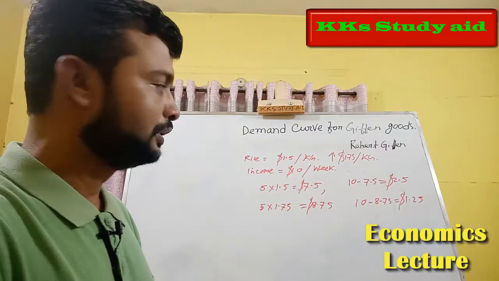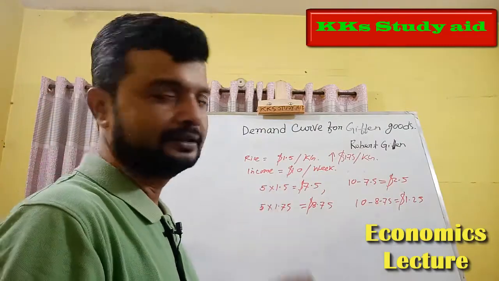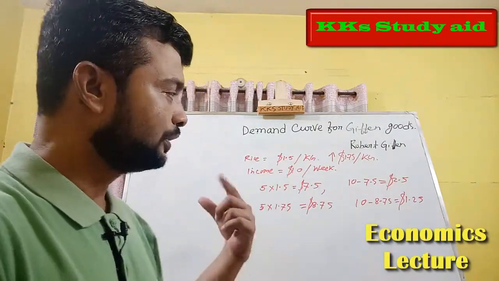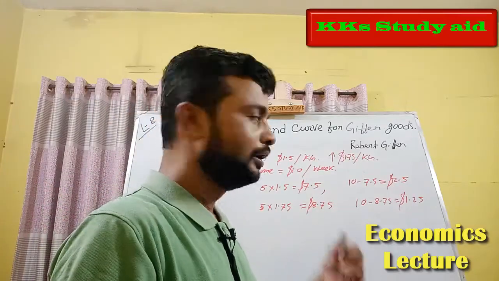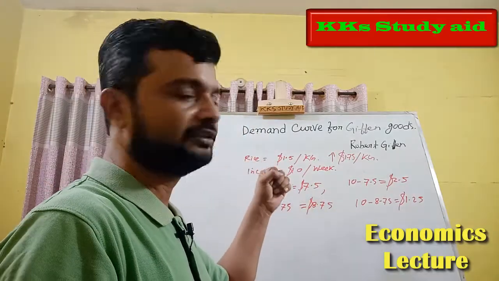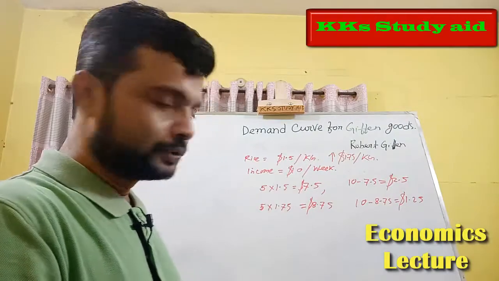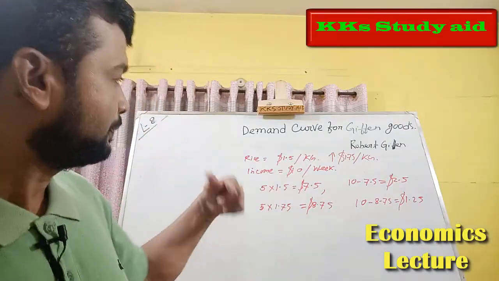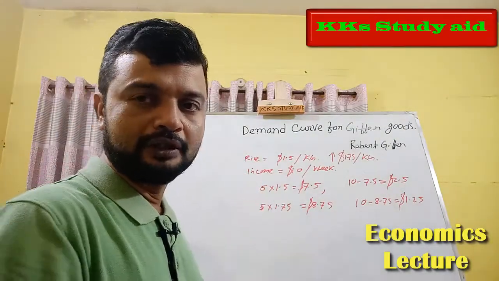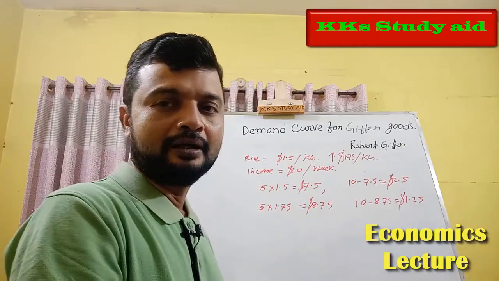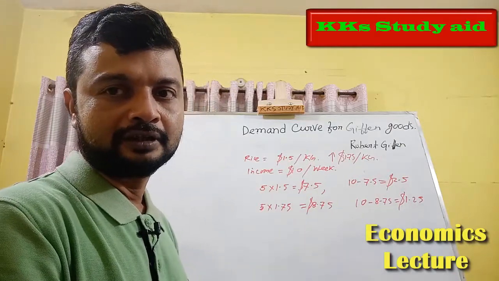Rather, he will purchase more rice. That is, now he will spend all his income on purchasing basic staple foods like rice. So this is the reason when the price rises, there will be an increase in demand for the related commodities of Giffen goods.